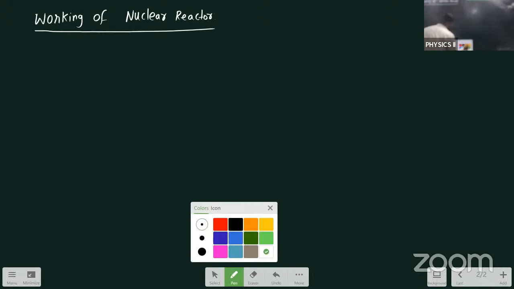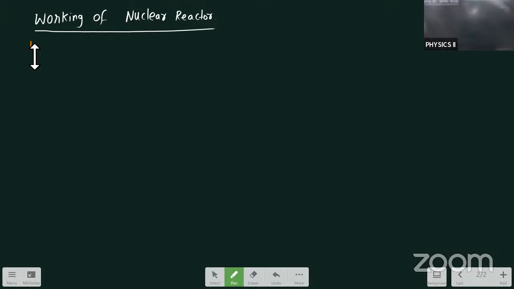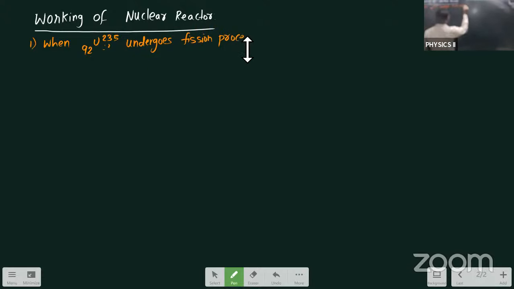The first thing you are supposed to write is, whenever uranium undergoes nuclear fission process, when 92 uranium 235 undergoes fission process, what will happen?